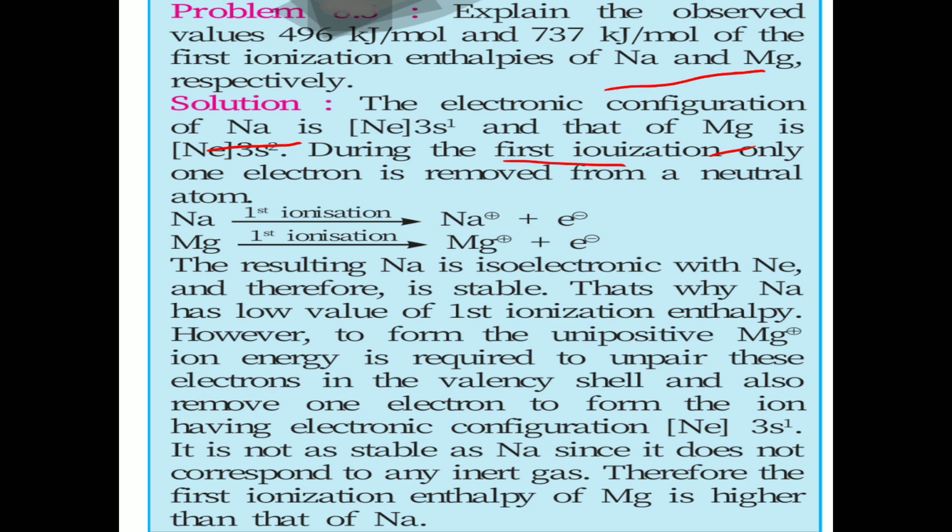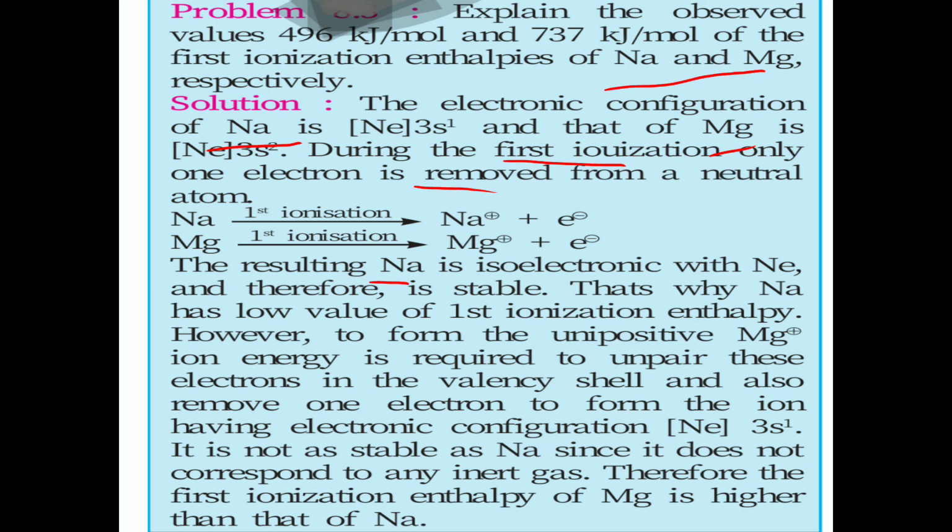During the first ionization, only one electron is removed from the neutral atom. That is, when we remove one electron from sodium, we get Na+ plus 1 electron, and Mg first ionization gives Mg+ plus 1 electron.